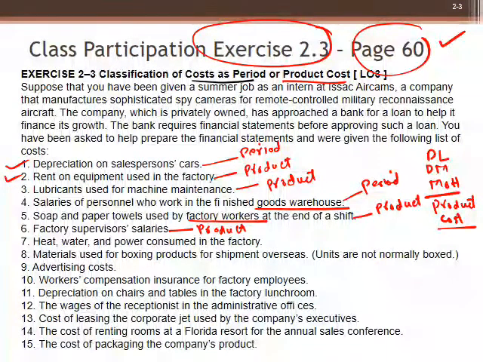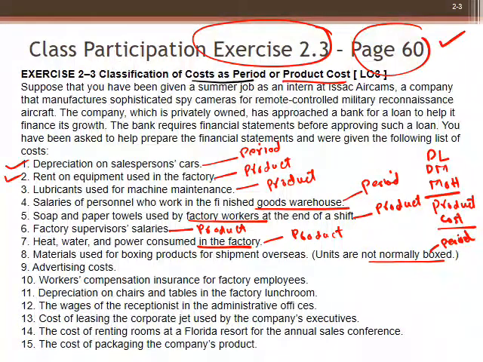Number 7, heat, water and power consumed in the factory, also belongs to product cost. Number 8, materials used for boxing products for shipment overseas. Normally these are not boxed, so that belongs to period cost.